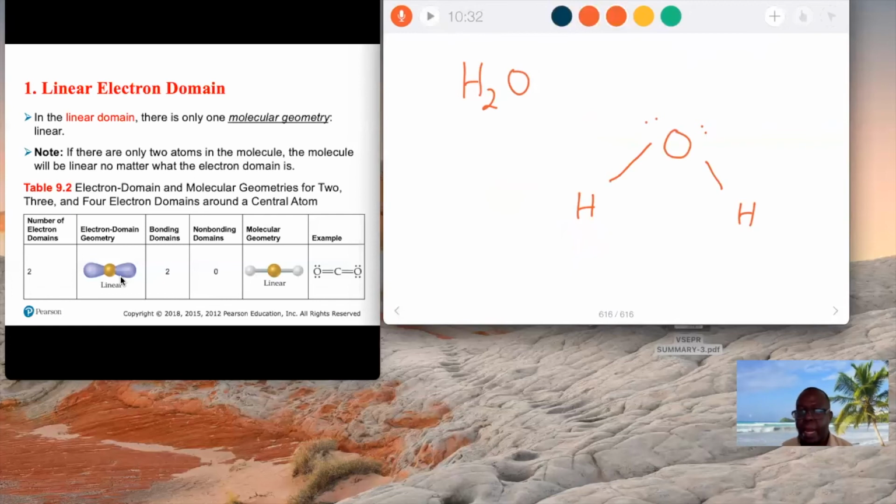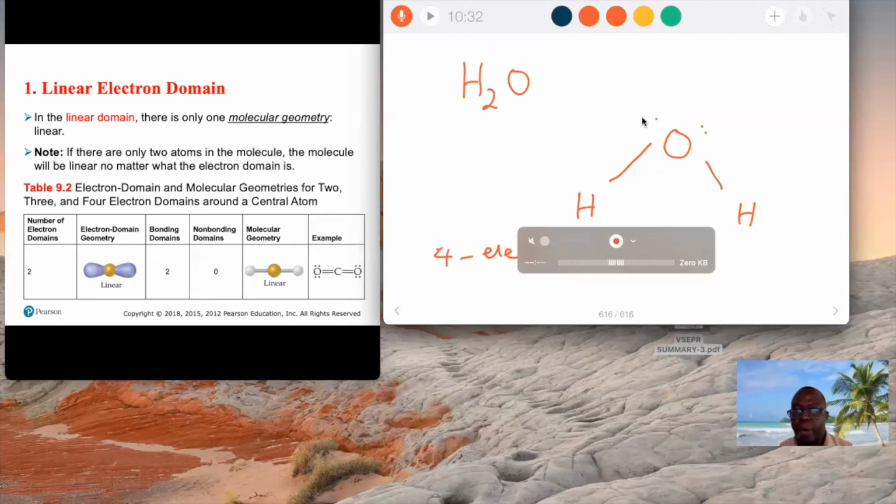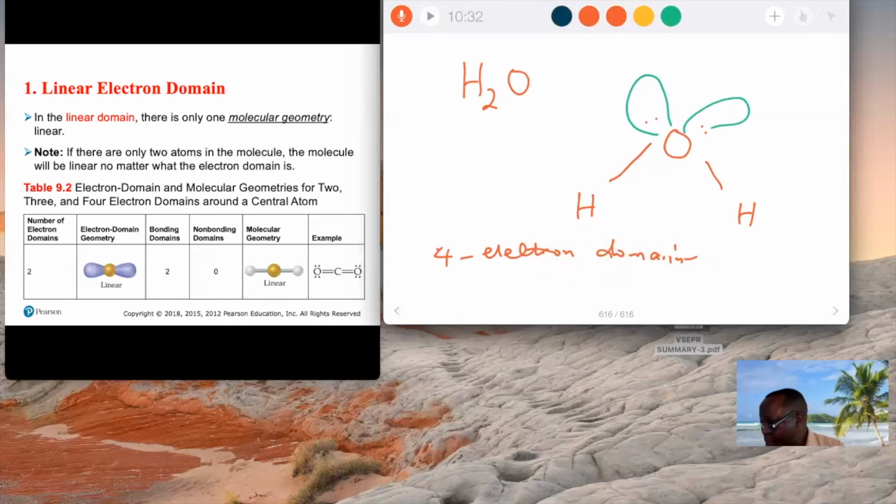If I look at the electron domains, we have four here, 4 electron domains. We have one domain here, one domain here, one domain here, one domain here. An electron pair is a domain. You may have seen somebody using this. This is a domain, that is a domain, this is a domain, this is a domain.